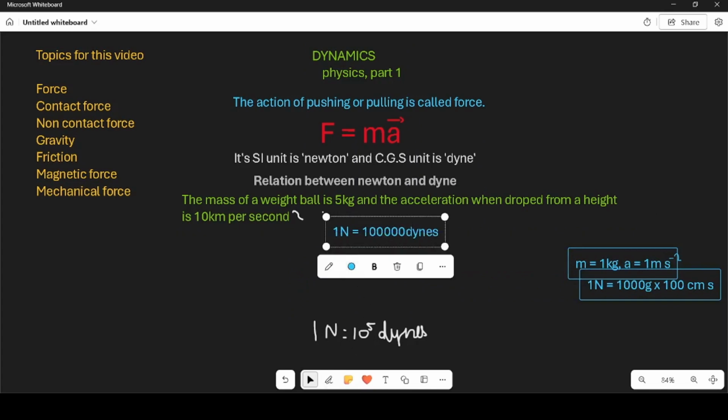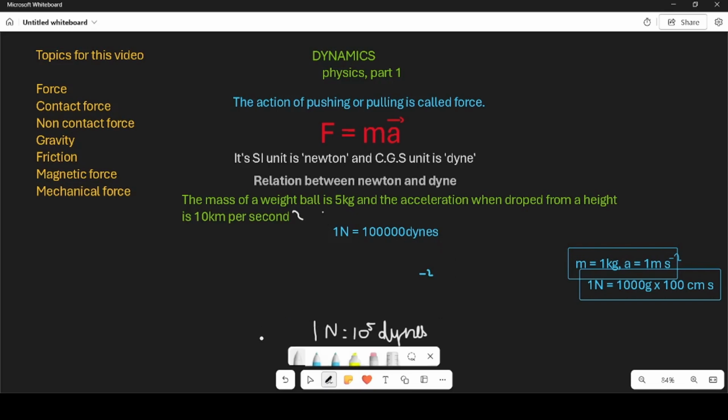So 1 Newton equals 1 lakh dynes. Now we're going to convert from Newton to dynes. The force would be 50 Newton because mass into acceleration is 50 Newton, and if we want to convert it to dynes, 1 Newton equals 1 lakh dynes, so we just need to divide it.